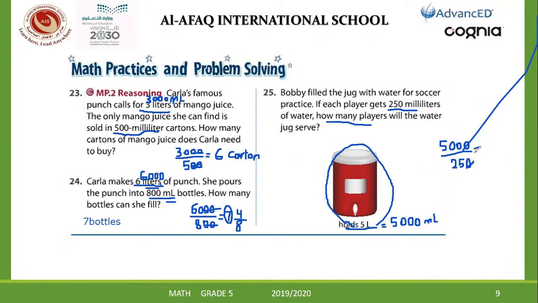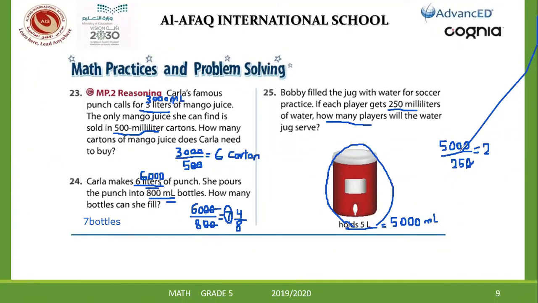Hannah, what about if I start dividing from the left? Take 5 or 50? Take 50. 50 divided by 25. How many 25s in 50? 2. So I took 50 divided by 25, which is 2.